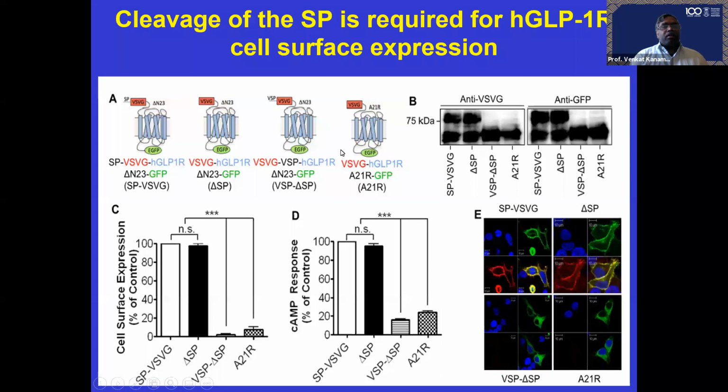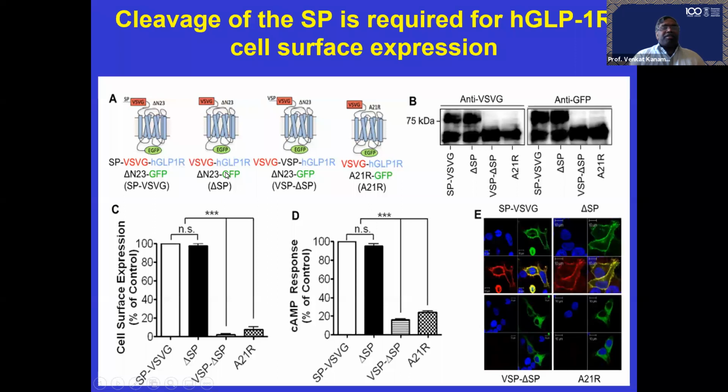As you can see here, there are different mutations we made. We take the wild type and attach GFP so that we can see the receptor under confocal or fluorescence microscopy. We also added an epitope tag so that we can add an antibody to recognize the localization of the receptor within the cell. So we have the wild type.